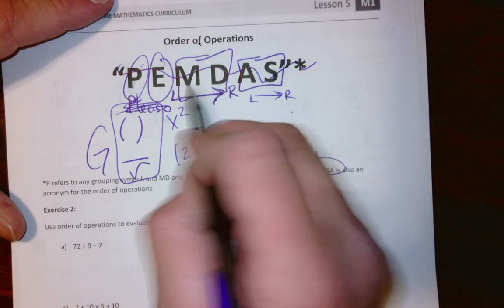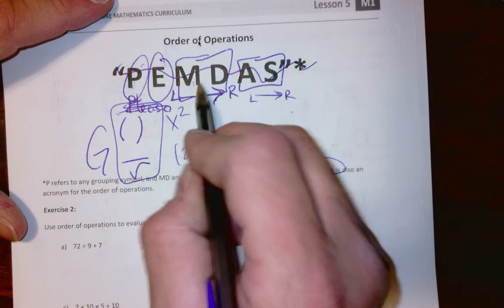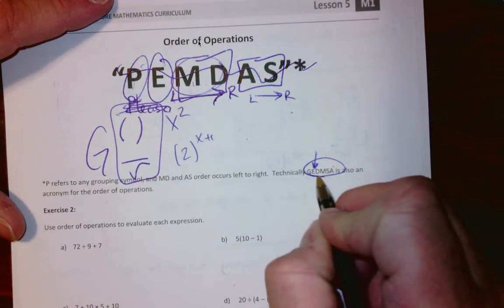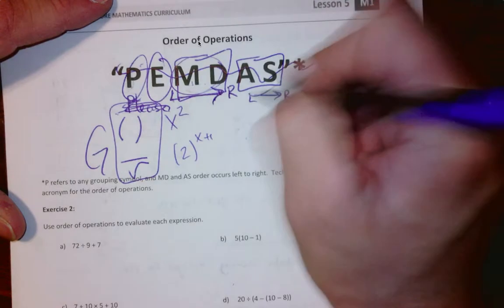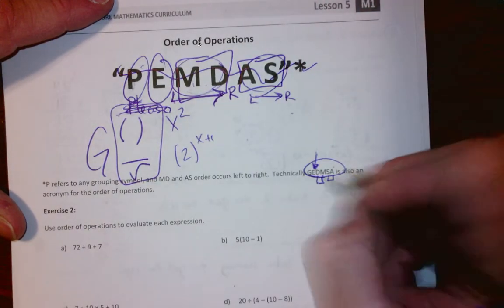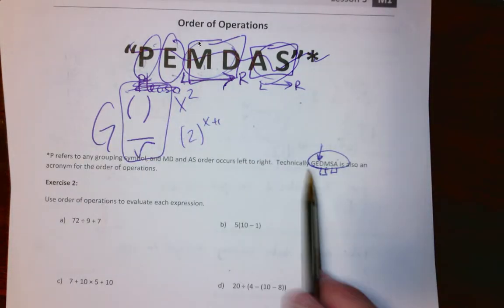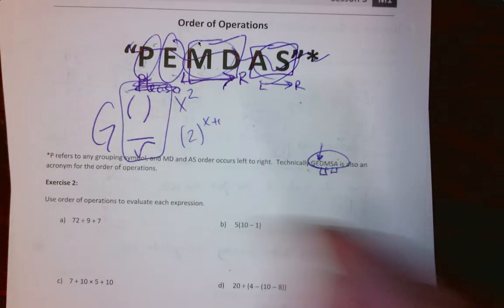But then you don't have to put MD in this order. It's whatever happens on the left first. So I guess we could rewrite this and scramble it to be GEDMAS, and the same thing is true with subtraction and addition. That's another way to remember it. This is more common. This is totally LeBrant made up, but this works.